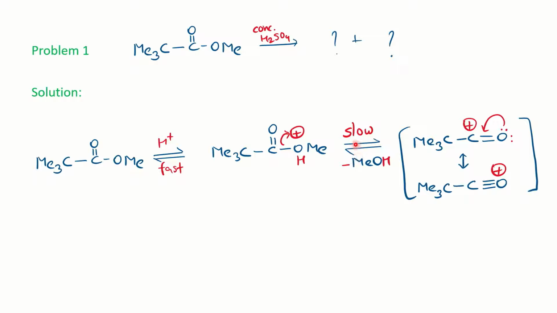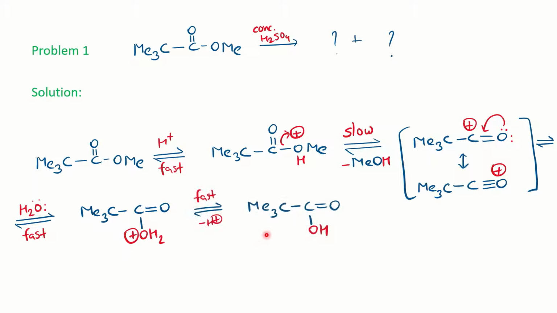This step is slow and therefore it is the rate determining step, and only the substrate concentration is involved here, therefore it is the unimolecular acyl cleavage. And since it is a stabilized carbocation, which is also stabilized by the methyl groups, the nucleophile will attack the carbocation and it forms the acid here.